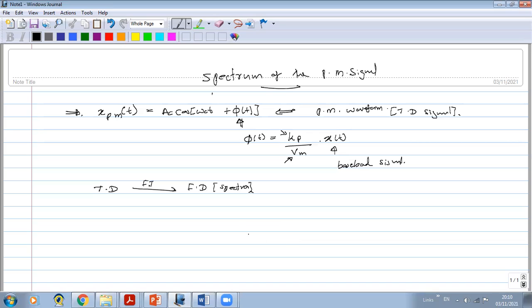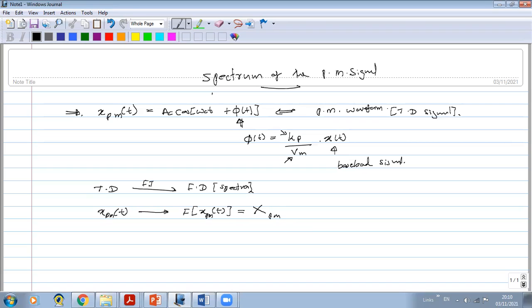So we have the time domain signal x_PM(t). Then we apply the Fourier transform to this time domain signal, and we will have a spectrum or frequency domain signal.